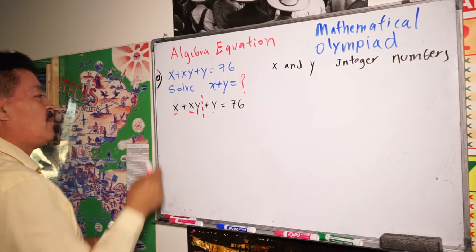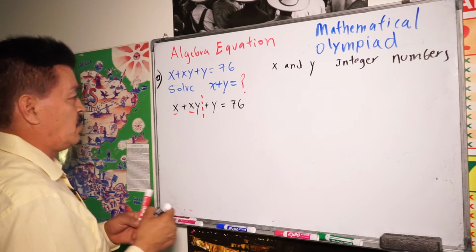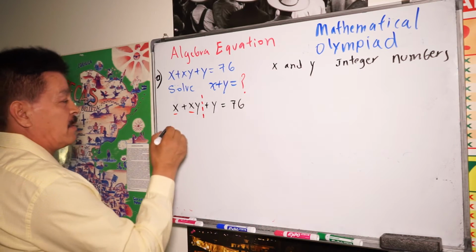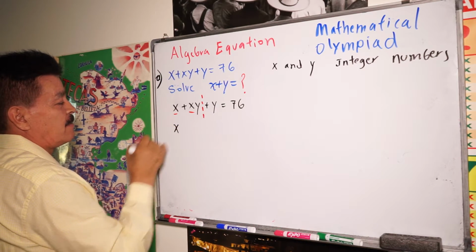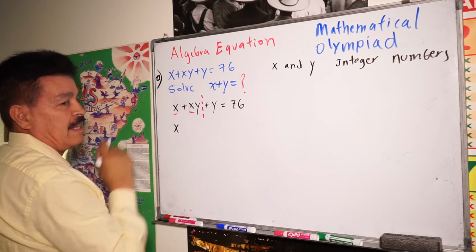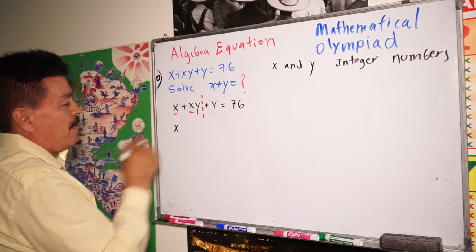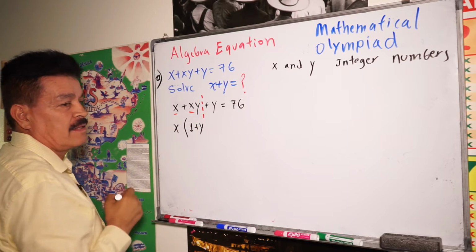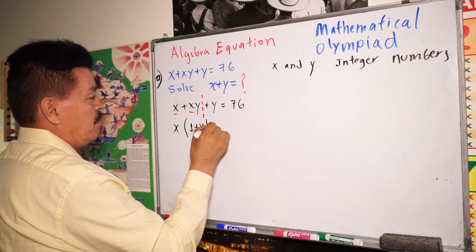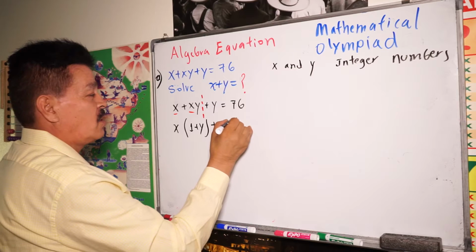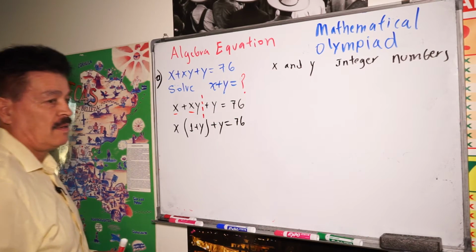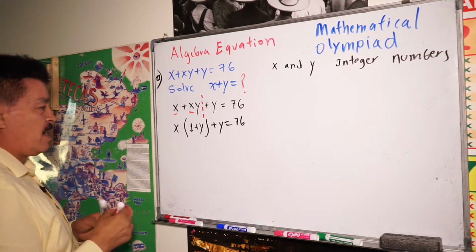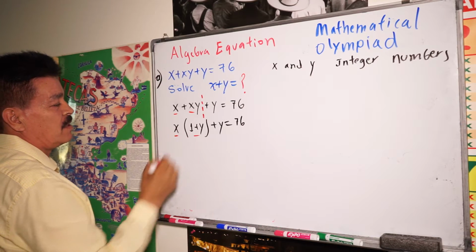Once you identify the common factor, then you start to factorize our problem. So let's write x right outside, and then factorize x plus y, plus y equals 76. All right?